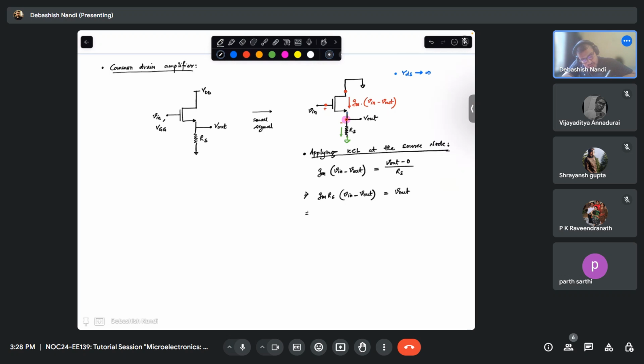Okay. So gm RS times V in is equal to your V out times 1 plus gm RS. So your V out over V in, that is the voltage gain, is what? It is gm RS over 1 plus gm RS.